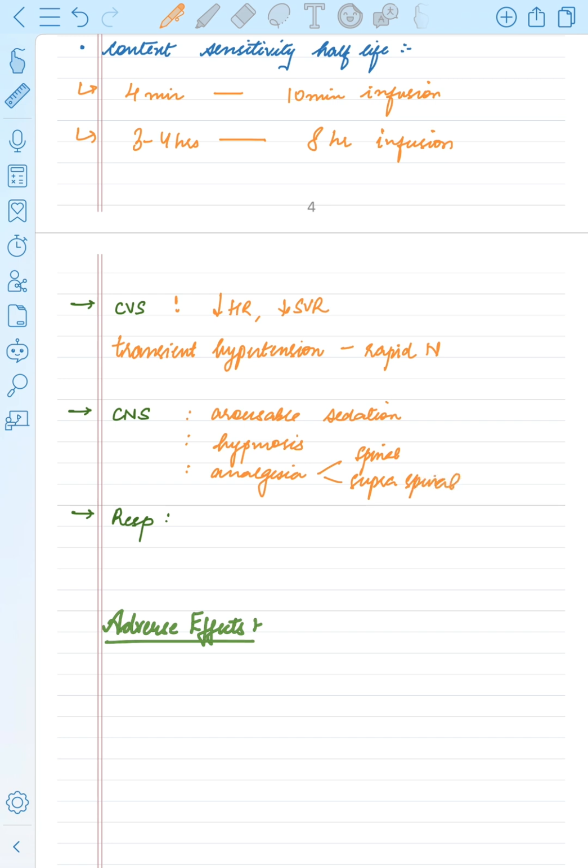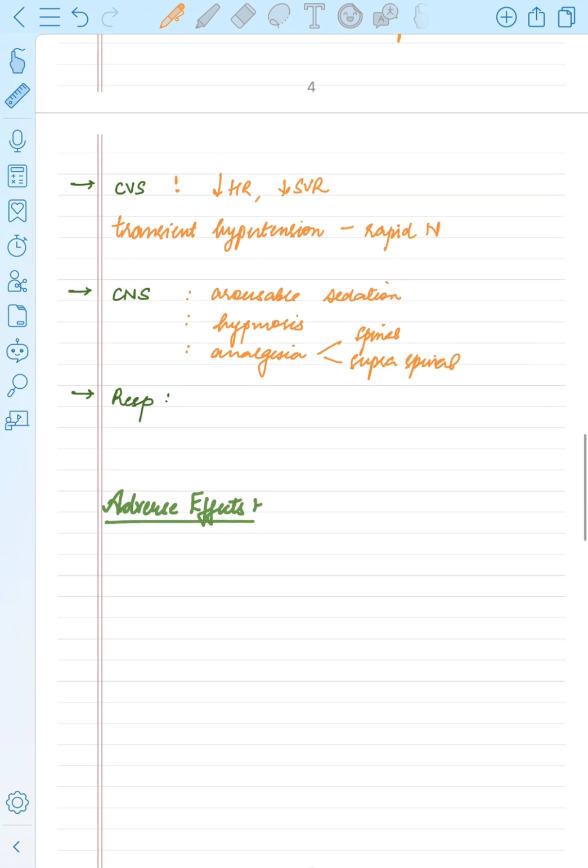It also decreases the cerebral blood flow and cerebral metabolic rate, and helps to decrease the ICP. Respiratory changes: it maintains the respiratory response to CO2.